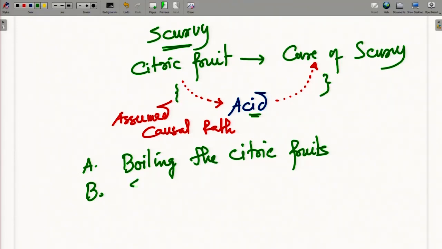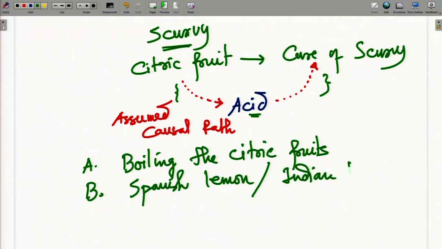Some people tried to have Spanish lemon or Indian lime, which have, I think, only about 25% of the vitamin C, which is the actual ingredient that was discovered later on.